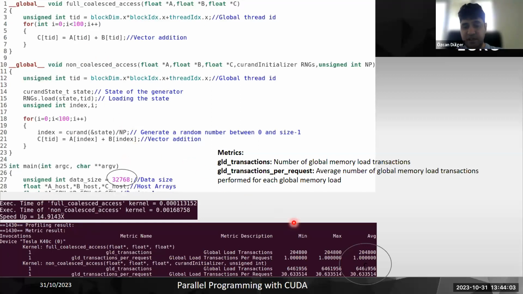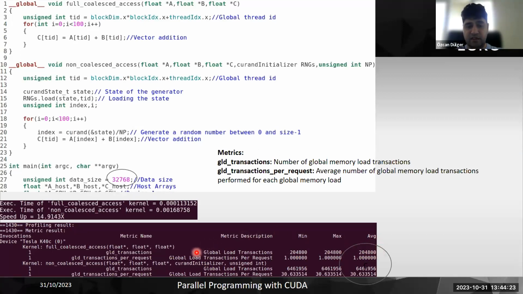Let's examine the results of the profiler. First, let's check the results of full coalesced access. The first metric is the total number of global load transactions, which is here 204,800.